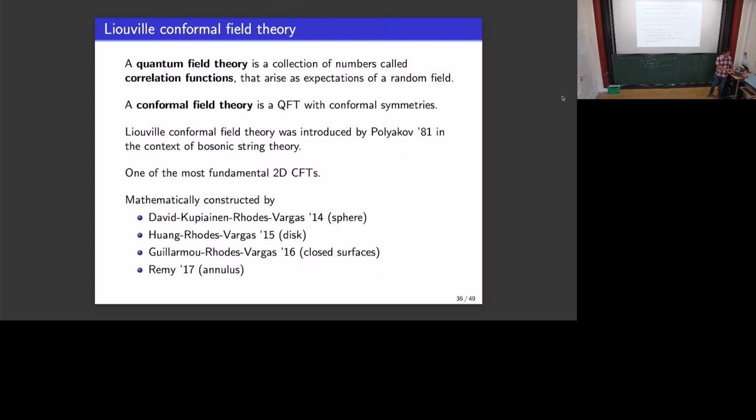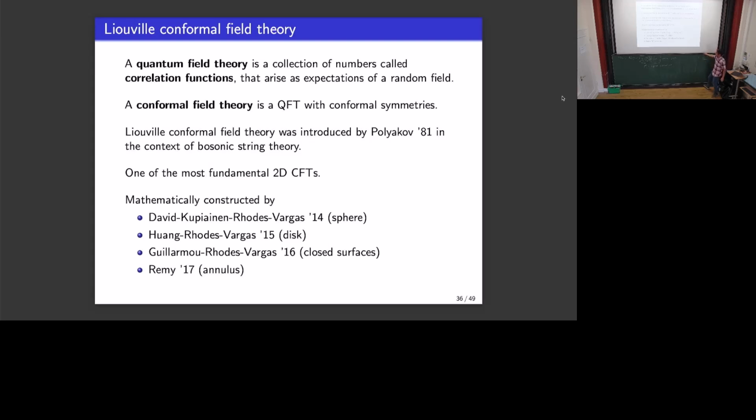So this is a slide that I don't really want to present because there's no way I get out of this looking good. But if you're not a physicist, a quantum field theory is a collection of numbers called correlation functions that arise as expectations of a random field.